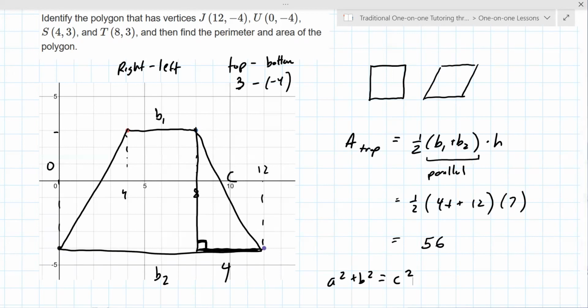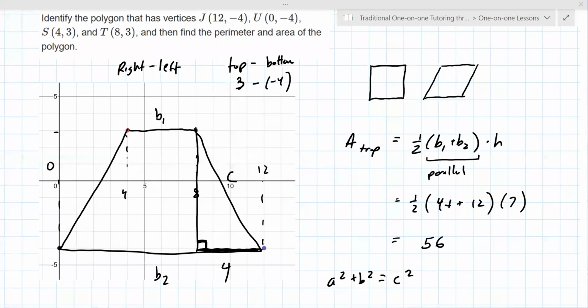It's going to be 4 times the square root of 5.